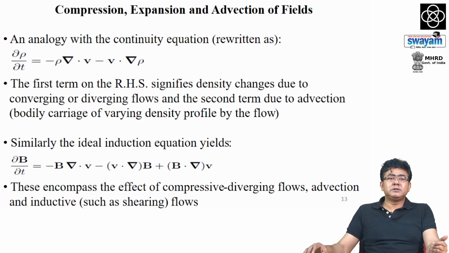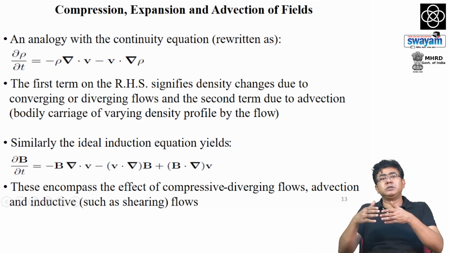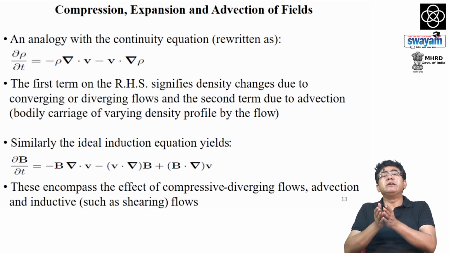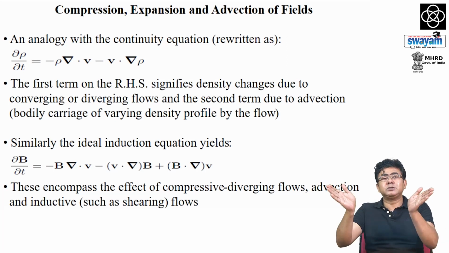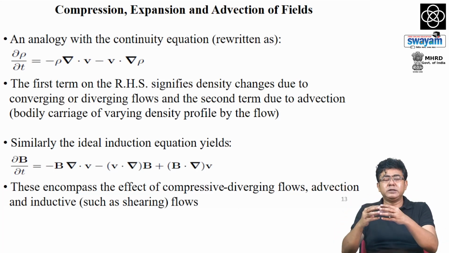So, what the first term on the right hand side of this equation is telling you is how the density rho changes in time as there are diverging or converging flows into that region, right. So, for example, if I have converging flows into the region, the density there will increase. If I have diverging flows, then the density in that region will decrease.